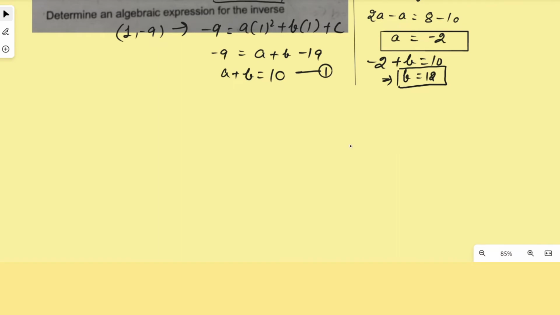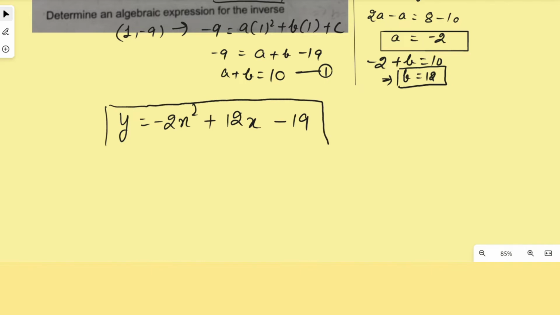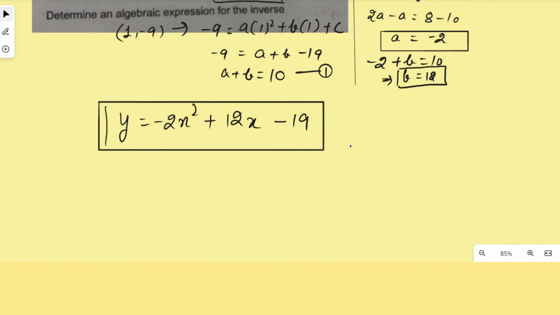The original function representing the table must be minus 2 times x squared plus 12 times x minus 19. So this is the function that the table represents. Alright, now we need to determine the inverse of this function, right? So we need to find what is the inverse of this function right here.